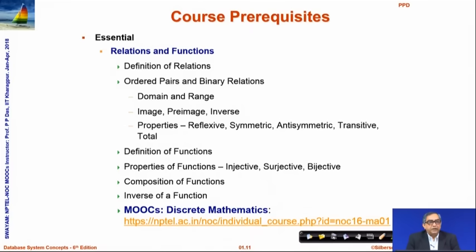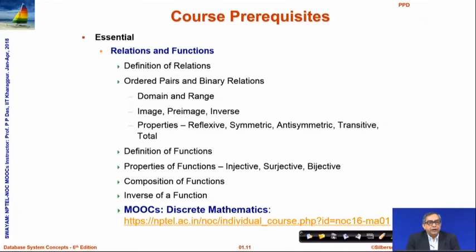So, it is heavily based on relations and functions, and you should understand when specifically a relation becomes a function, and what is meant by functions being injective, surjective, bijective, what is meant by composition and inverse of functions, and so on.